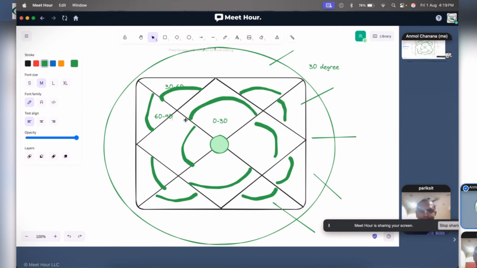Each house is divided into 30 degrees, and each 0 to 30 degrees is your zodiac sign. We'll elaborate on the zodiac sign later, but we'll start today with what exactly your Kundali chart is, and we'll discuss planets first.